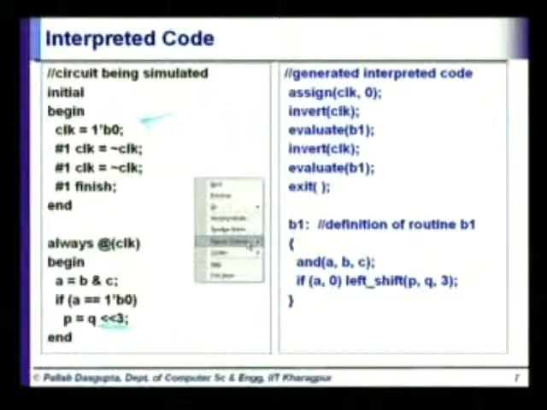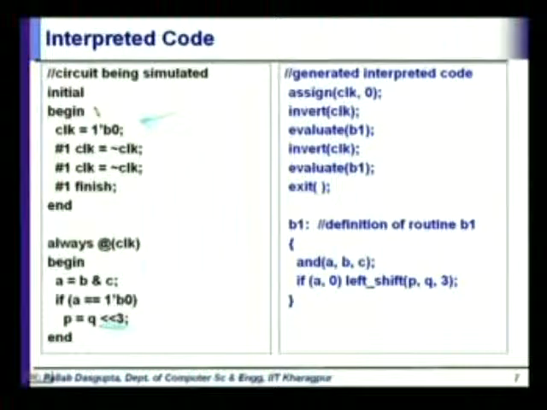Now let us see what a generated interpreted code would look like. Initially we assign clock 0, so this corresponds to this. Then we invert clock. That's because from here to this #1 there is actually nothing, there is no event. You see, clock is assigned to 1'b0, thereafter for 1 unit of time there is no other activity.